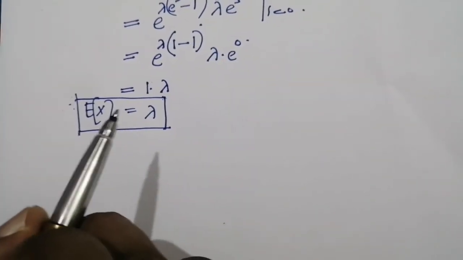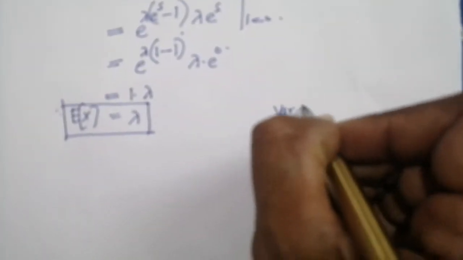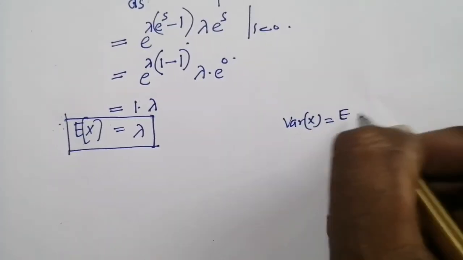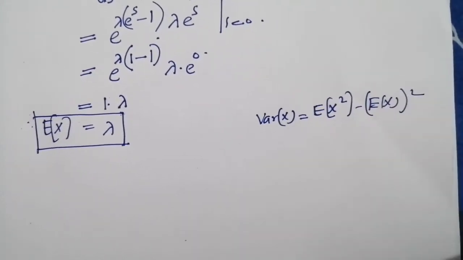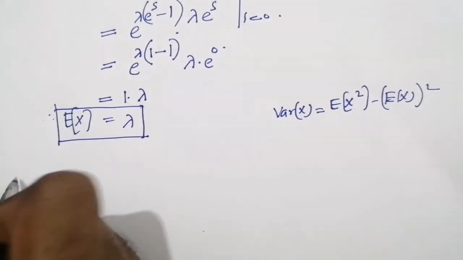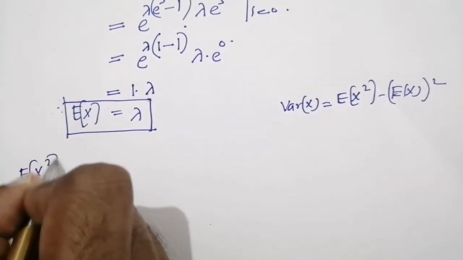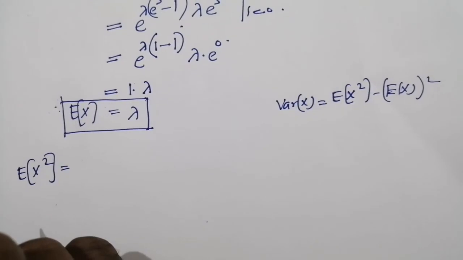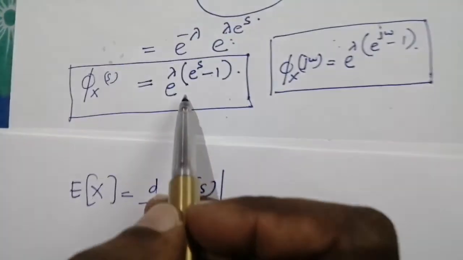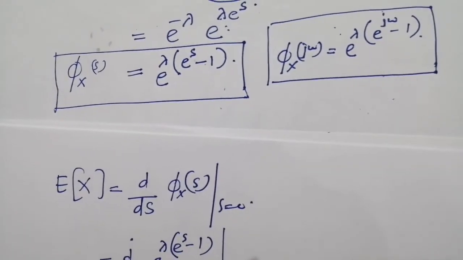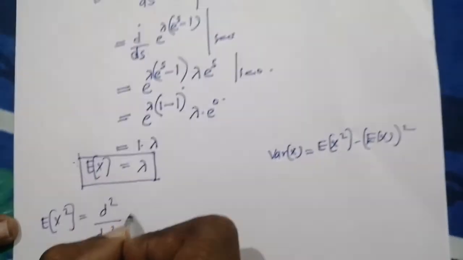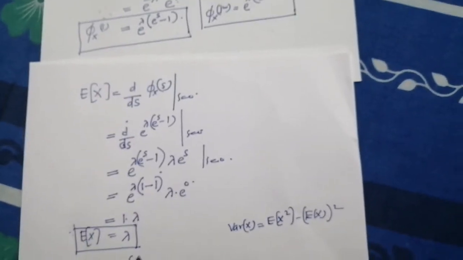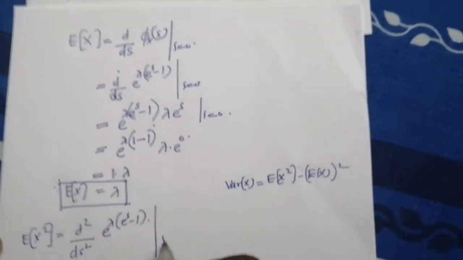In order to find the variance, we know that variance of x is expectation of x square minus expectation of x the whole square. So we need to find expectation of x square. For that, we need to differentiate this function twice, that is d square by ds square of e raised to lambda (e raised to s minus 1), and put s equal to 0.